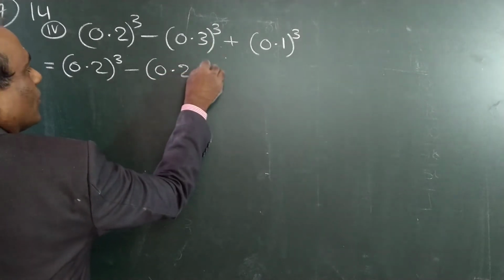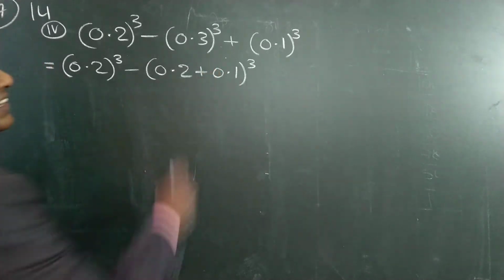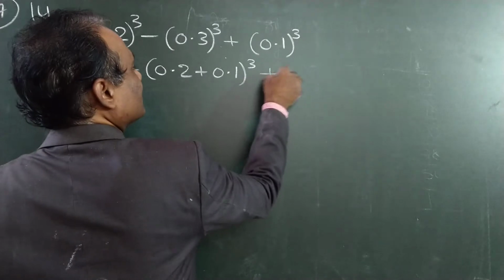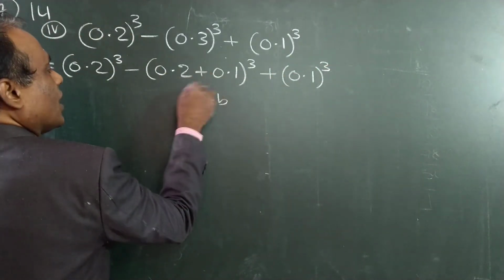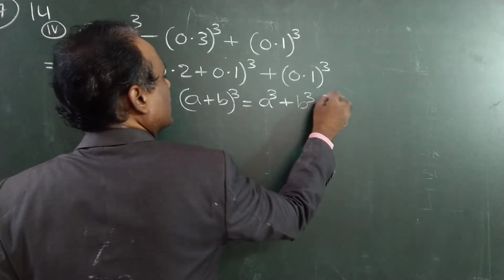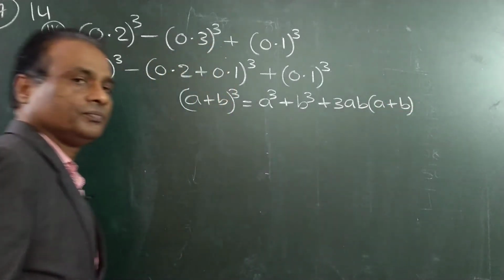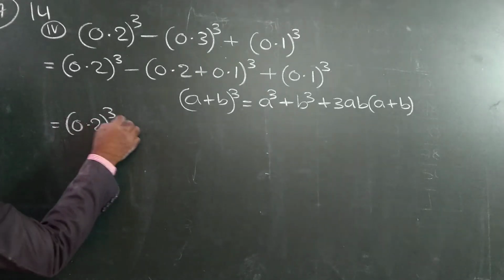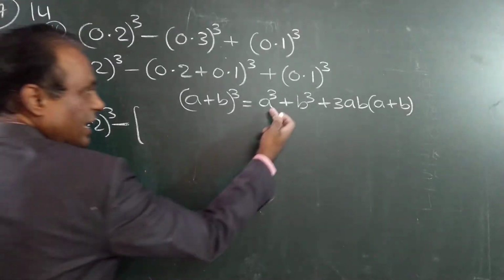0.3 can be written as 0.2 plus 0.1. Now apply the A plus B whole cube formula: A cube plus B cube plus 3AB into A plus B. Write the same, no change. But because the minus is there, you start a big bracket, and in this you write this formula.